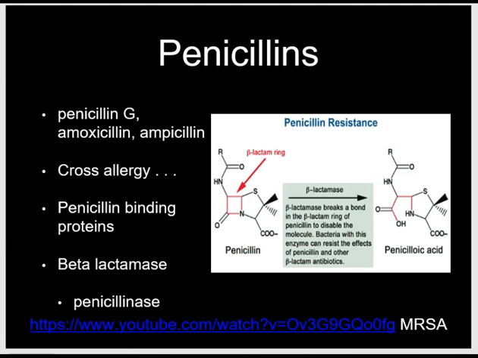We use a beta-lactamase inhibitor. With ampicillin and amoxicillin, we add sulbactam or clavulanic acid. And this actually might be the wrong slide, but either way, let me just keep going because we're talking about penicillin resistance.